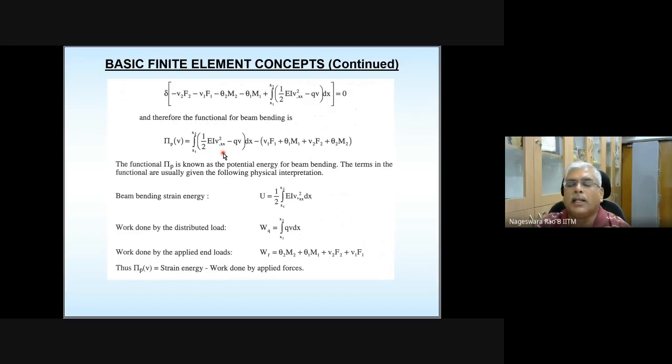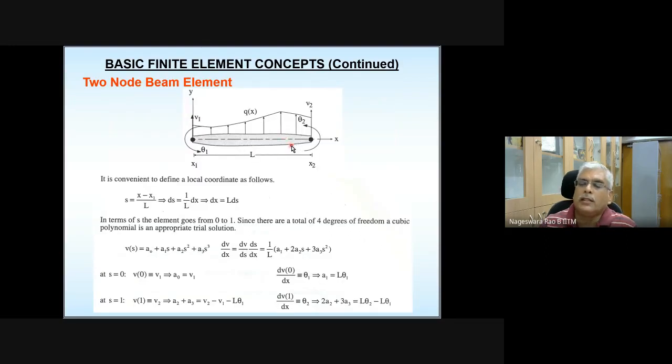So at that time we wrote N transpose D, B transpose D, making use of those shape functions. But now for a beam element, we still don't know the shape functions. So before we proceed further, we need to derive the shape functions for the beam element.